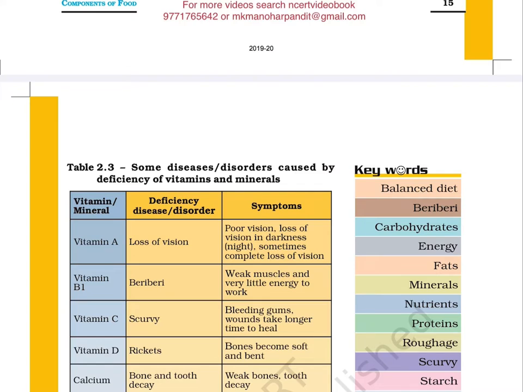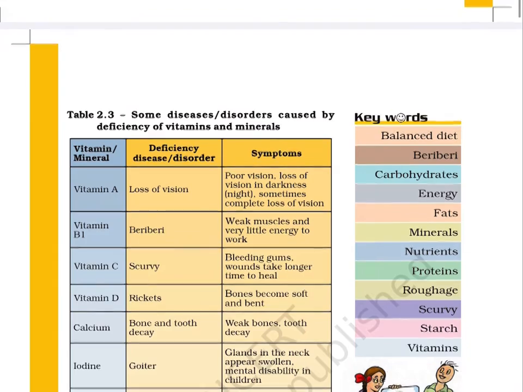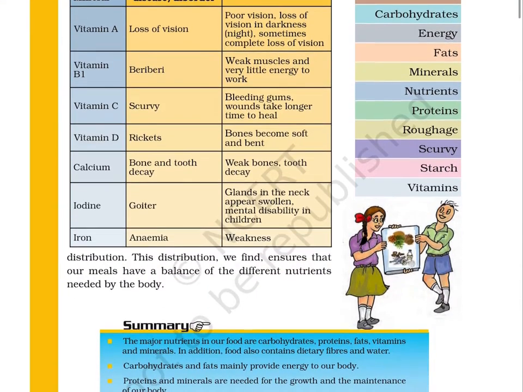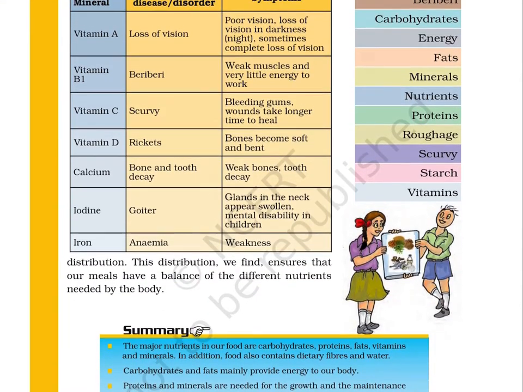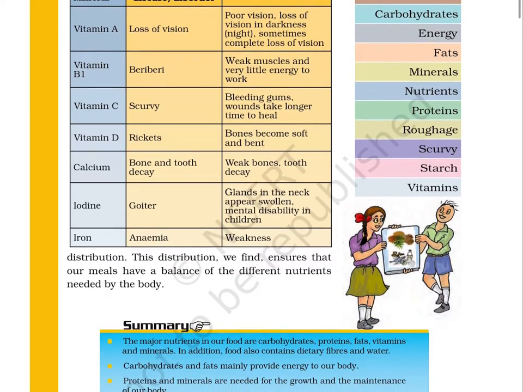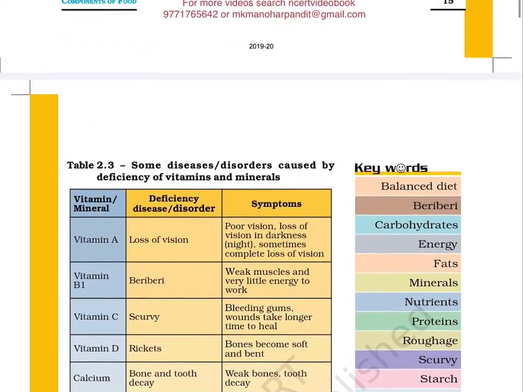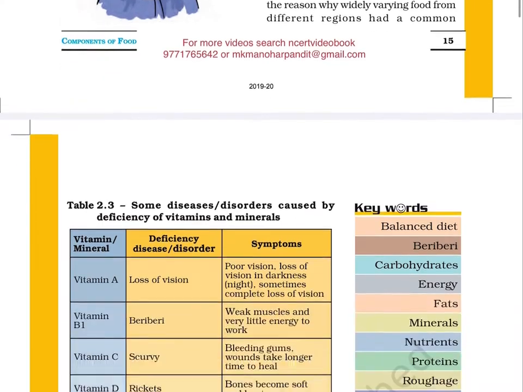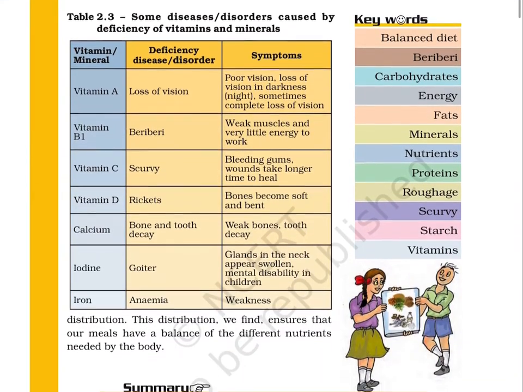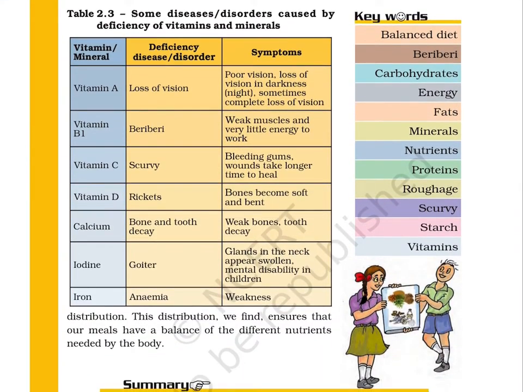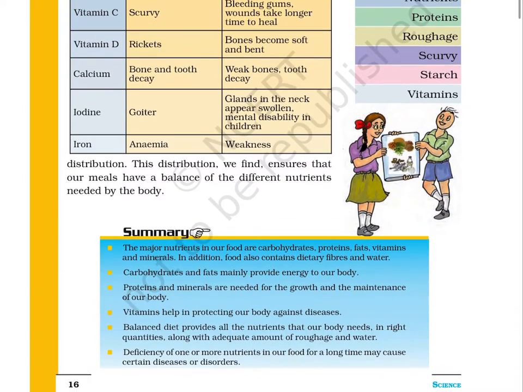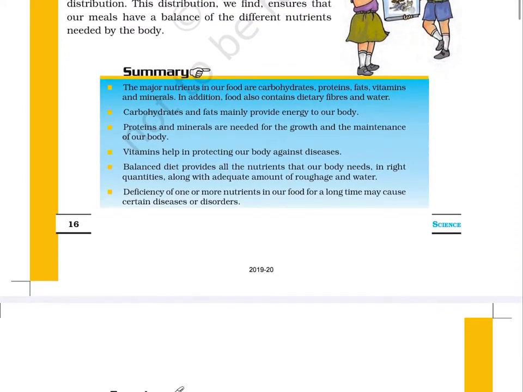Summary: the major nutrients in our food are carbohydrates, proteins, fats, vitamins, and minerals. In addition, food also contains dietary fibers and water. Carbohydrates and fats mainly provide energy to our body. Proteins and minerals are needed for the growth and the maintenance of our body.